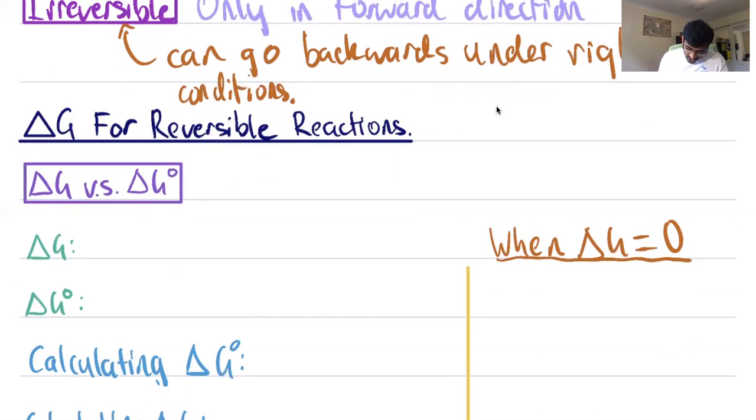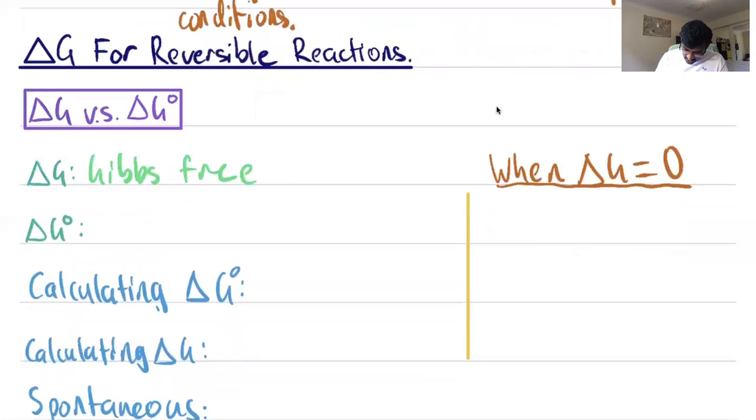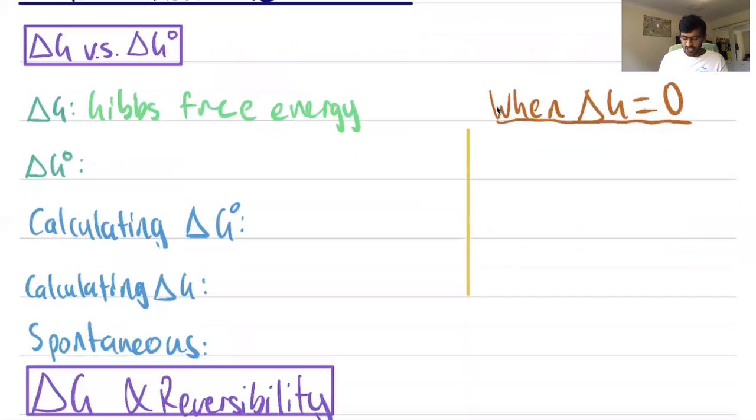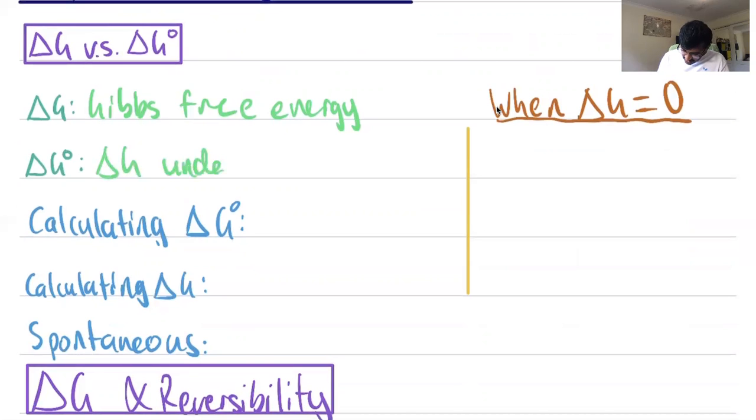Delta G is just our Gibbs free energy. Delta G naught, which is what you would have done most of your calculations with last year or in prelim, is your Gibbs free energy under standard states.